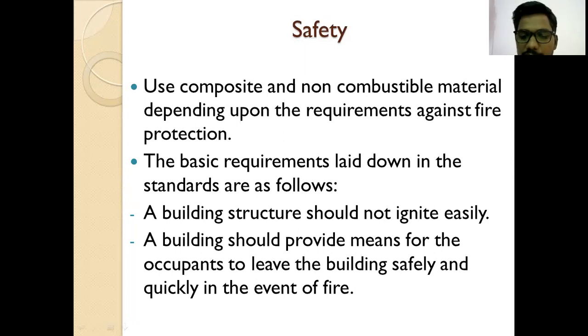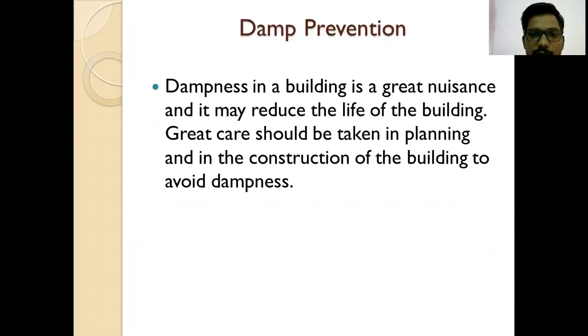So each occupant will take advantage of that and leave their place as early as possible at the time of fire. Safety doors and emergency exits also have to be provided in a building as per the requirement.